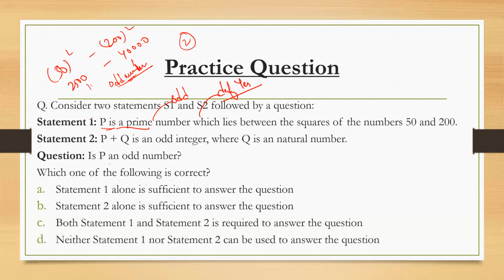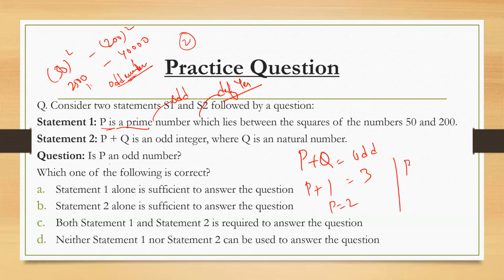Now just because it is able to answer, that is not the reason. You have to check statement two also, especially if there is an either option here. Now here it says P plus Q is odd, and Q is a natural number. So take any odd number, 3. Now P is a natural number, so I put it as 1. So P here is 2.